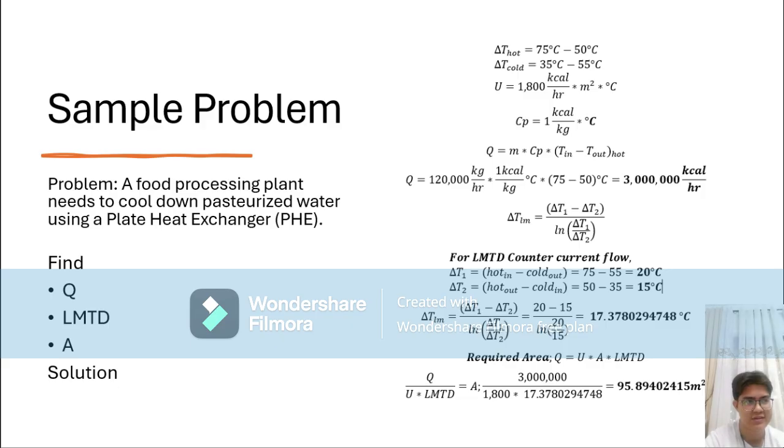The heat needed to cool down our hot fluid is 3 million kcal per hour. The LMTD in a countercurrent flow plate heat exchanger is 17.38 Celsius, and the total surface area required for this plate heat exchanger would be 95.89 meters squared.